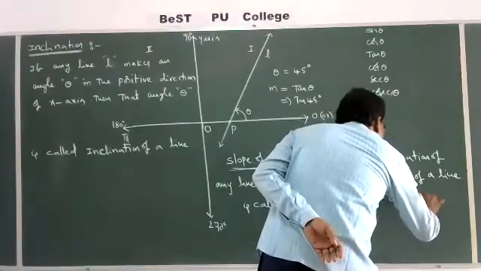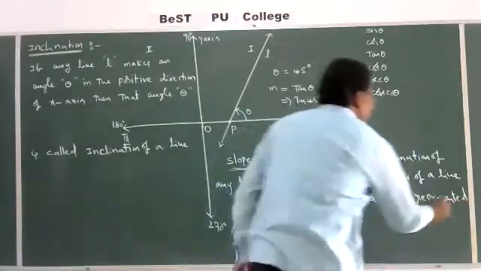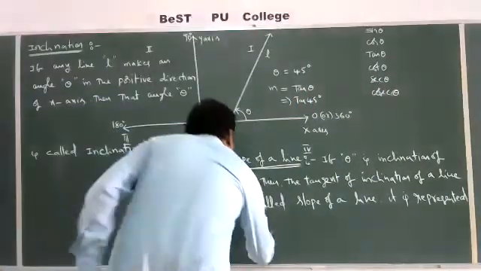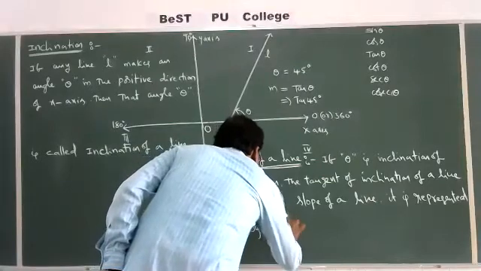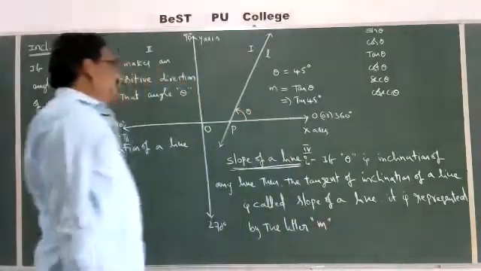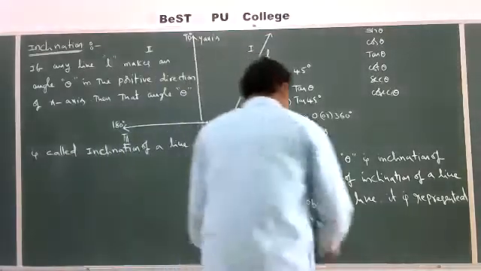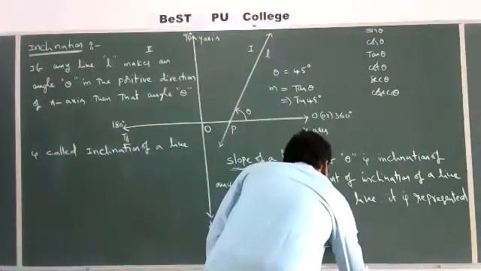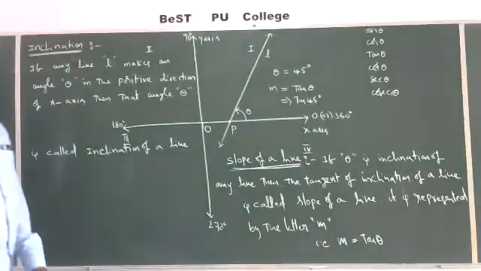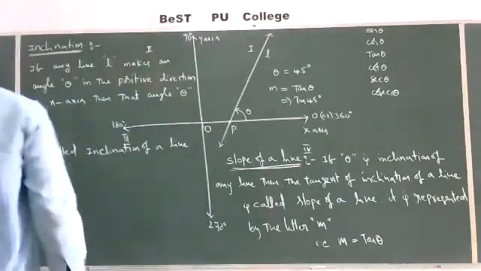It is represented by the letter small m, that is, m is equal to tan theta. That is, m is equal to slope of the line, m is equal to tan theta.